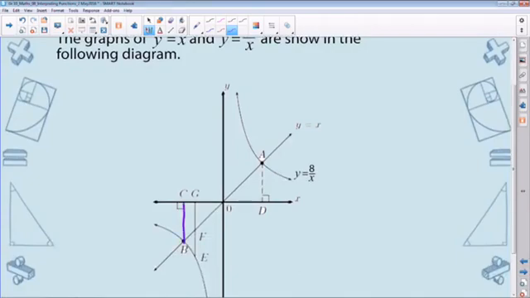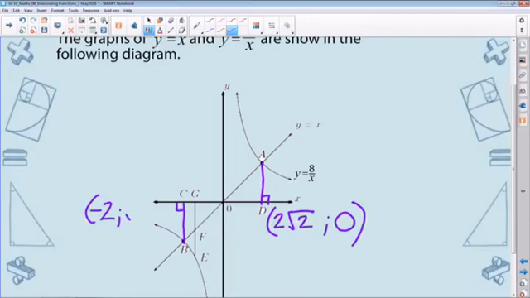C was a perpendicular dropped from B, and D was the perpendicular dropped from A. So I know that the x value of D is going to be 2√2, and the y value is going to be 0. And the x value over here is -2√2. Whoops, see, I put a semicolon too close.